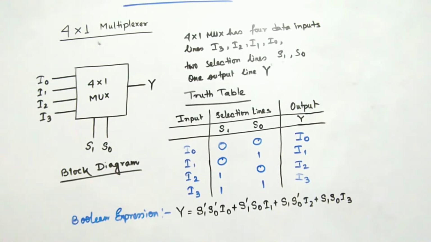So this is the Boolean expression for 4x1 multiplexer. Now this can be implemented using inverters, NOT gate, AND gates and OR gate. Now let's implement the circuit diagram of 4x1 multiplexer with these gates.